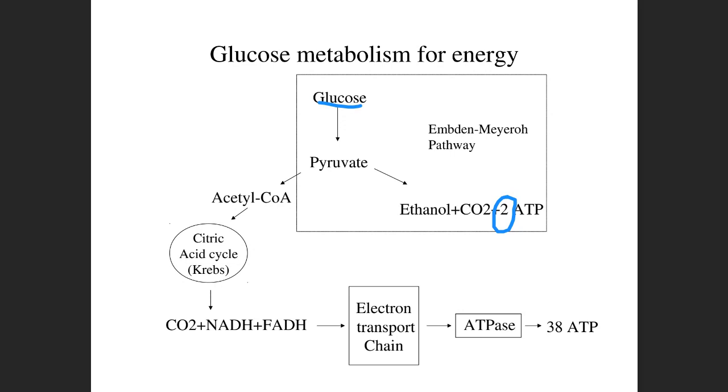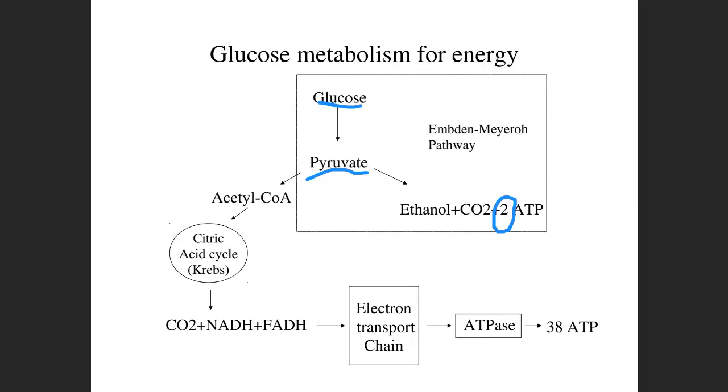Okay, let me restart. So pyruvate is a very, very important intermediate. If there's something that you have to remember, as I said earlier, this is the slide that you do need to remember.